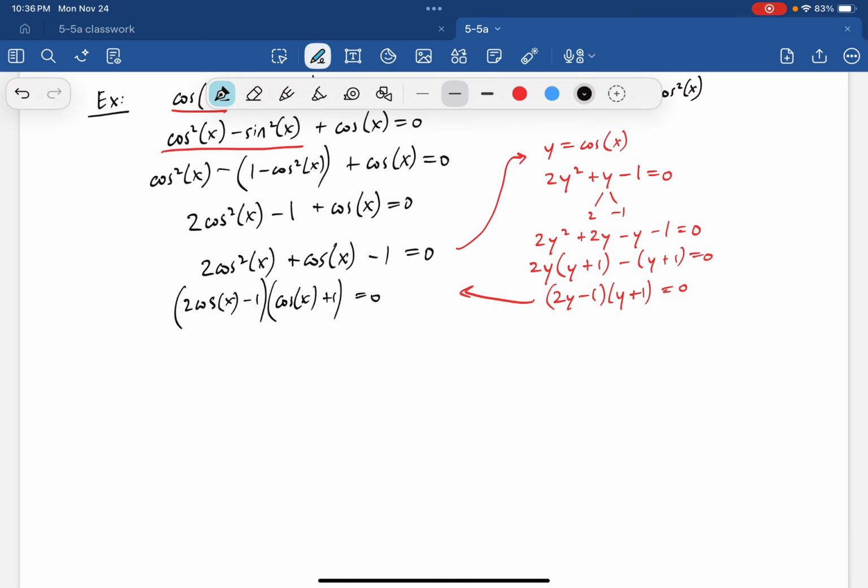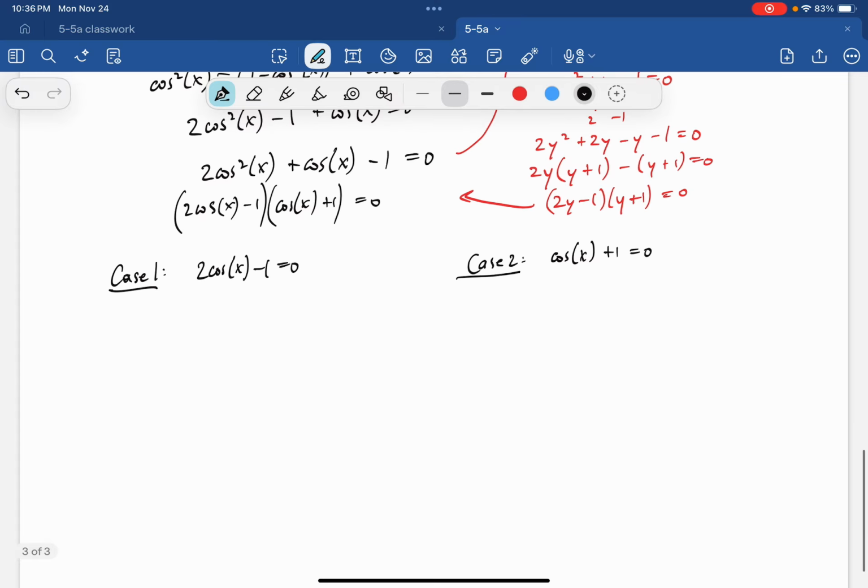So once again, we have two factors that are being multiplied to equal 0. So that tells us that we really have only two cases. The first case is that 2 cosine x minus 1 equals 0. And the second case is that cosine x plus 1 equals 0.